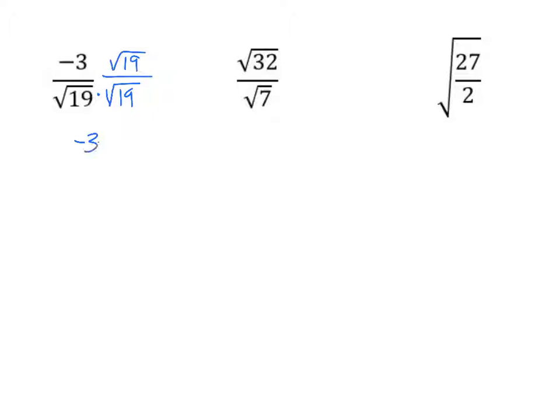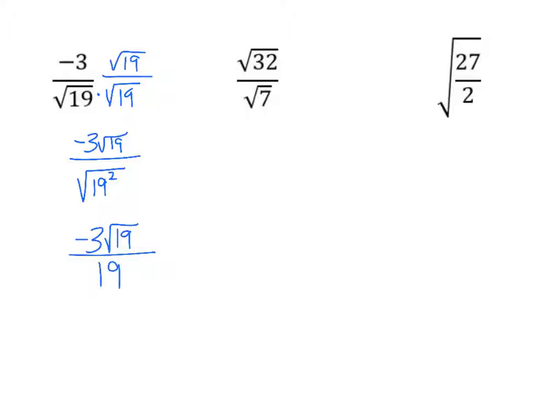Negative 3 square root of 19 is what I'm going to have in my numerator. In my denominator, I have the square root of 19 squared, whatever that is. But it doesn't matter because the squared and the square root are going to cancel each other out. Those are opposite operations. I'm left with a negative 3 square root of 19 all over plain old 19, and my radical is gone.